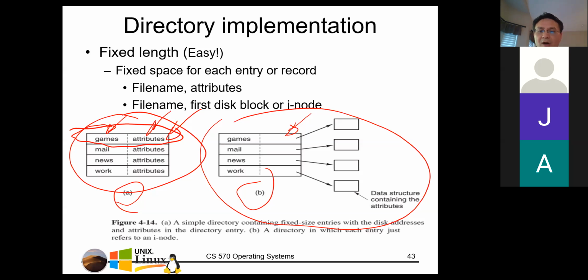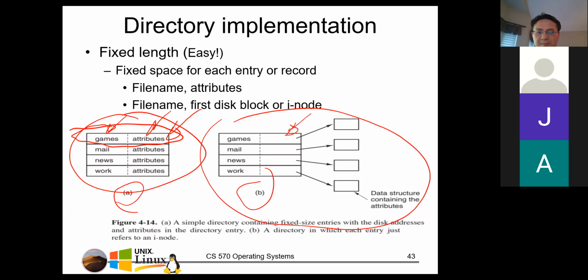MS-DOS files have a 1 to 8 character base name, which is very short, and an optional extension of 1 to 3 characters. In Unix version 7, a very old Unix version, file names were 1 to 14 characters, including any extensions. However, nearly all modern operating systems support longer variable length file names, right? So how can these be implemented?